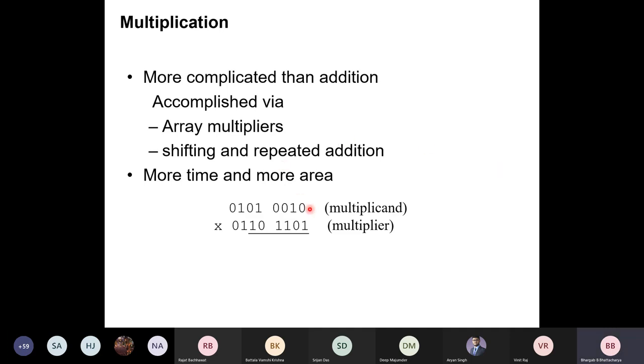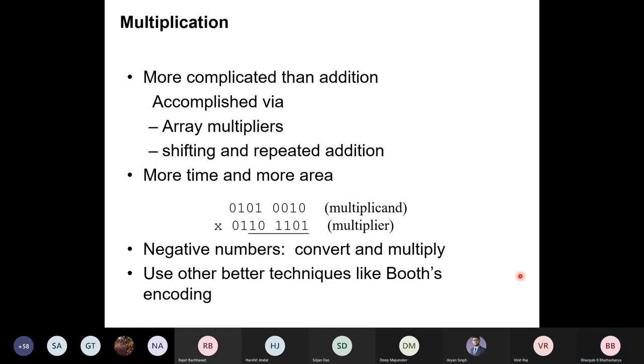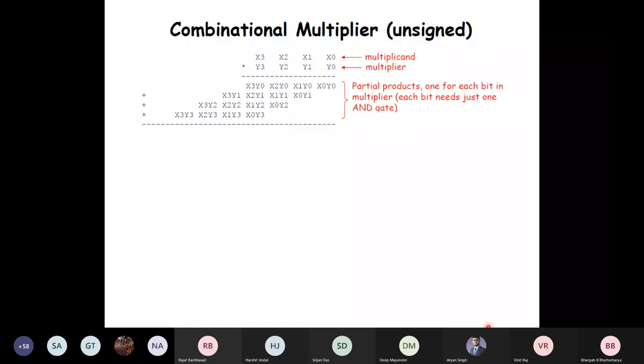We will be using these two terms, multiplicand and multiplier. The first one is called the multiplicand, which you normally write at the top, and the number which you write at the bottom is called the multiplier. For negative numbers, it is better that you assume that both are positive, I mean both are absolute values, then compute the final result and just adjust the sign. That's much simpler, right? Or maybe you can use other techniques like the Booth algorithm that we'll study later on.